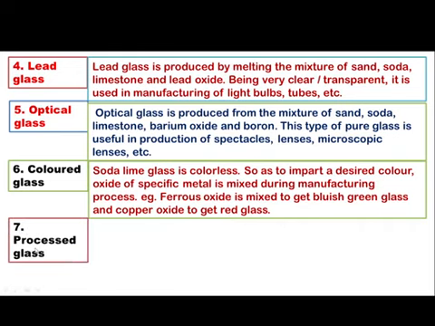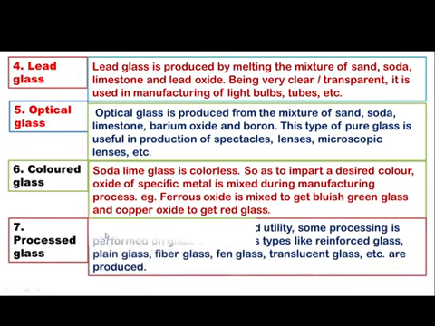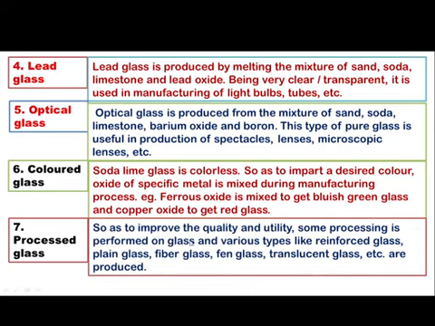Seventh, processed glass. So as to improve the quality and utility, some processing is performed on glass. Various types like toughened glass, plain glass, fiber glass, pane glass, transparent glass, etc. are produced.